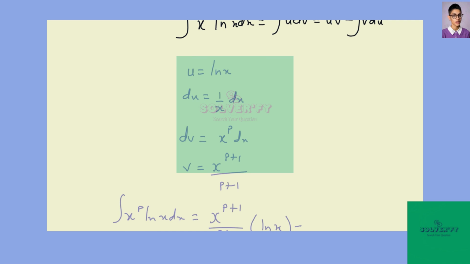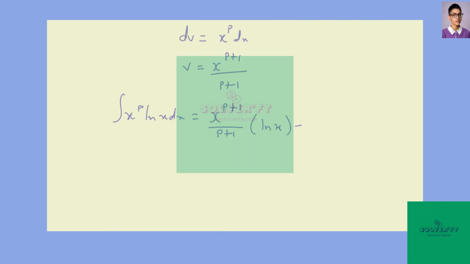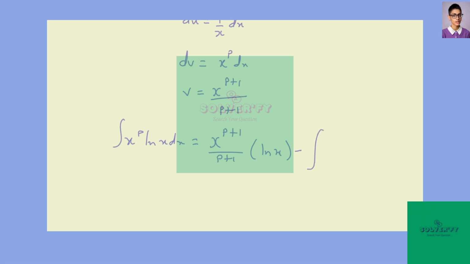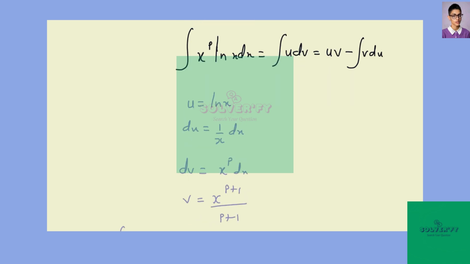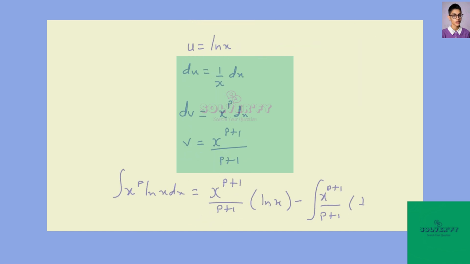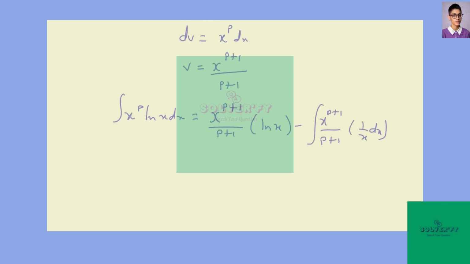So du is 1 on x dx, and this is v, so the integral of x to the power p plus 1 on p plus 1 times 1 on x dx. After that, we'll go into putting in the lower bounds and upper bounds, so that we'll be able to evaluate that.